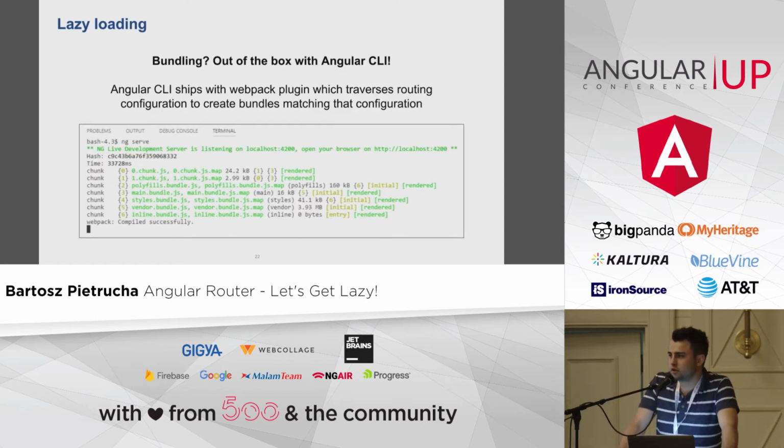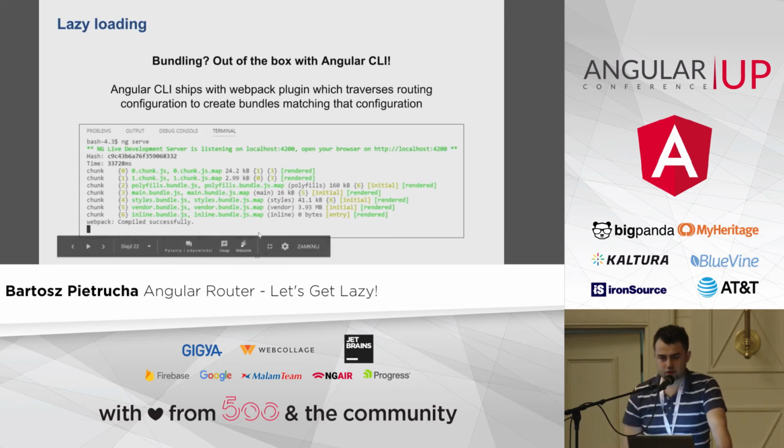Okay, how do we deal with the bundling? Because we said about configuration and loading modules into router, but what about the process of creating those chunks? If you use Angular CLI, everything is out of the box. It's shipped with the Webpack plugin that analyzes the router configuration and creates proper chunks as your configuration says.